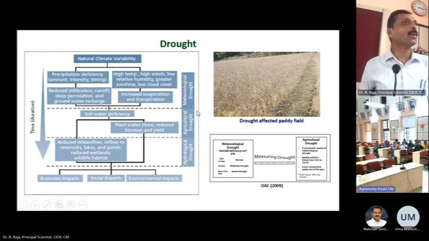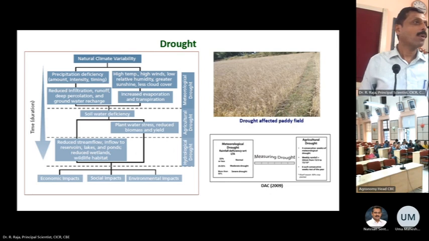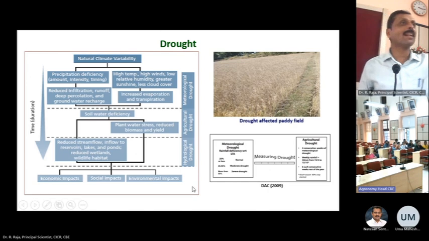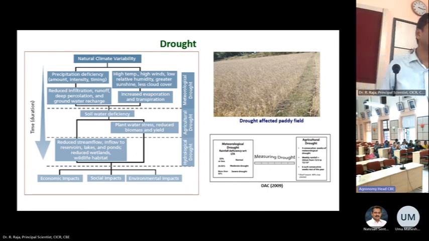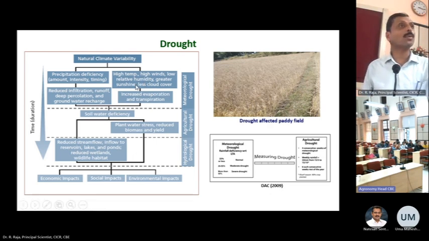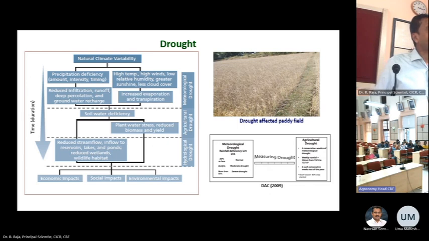There are three types of drought, three or four. Four, including sociological drought, down the line. One is meteorological drought. When your rainfall is deficient for a consecutive number of weeks, it is called meteorological drought. You see, precipitation is deficient, and high temperature, high wind, heat wave, all those things happen. So prolonged meteorological drought will result in agricultural drought.